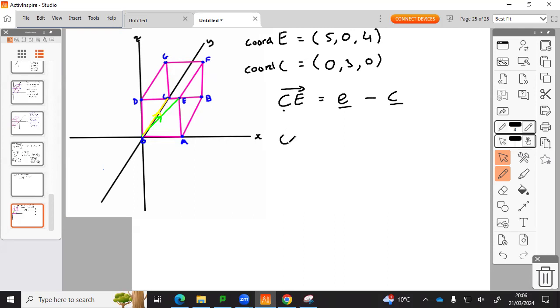So C to E, well, my E put into component form, it's just that. C component form of that. It's just 5 minus 0, 0 minus 3 and 4 minus 0.